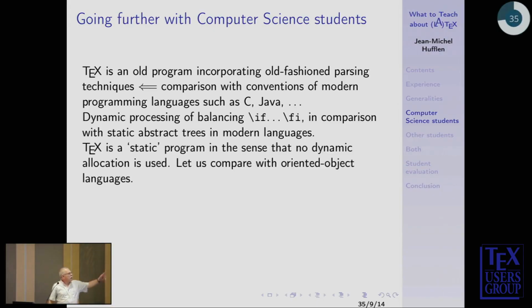And another very deep difference. That is very static. That is, you don't have dynamic allocation. If you are not familiar with this notion, that means the resources we use for the memory are finite and not extensible.